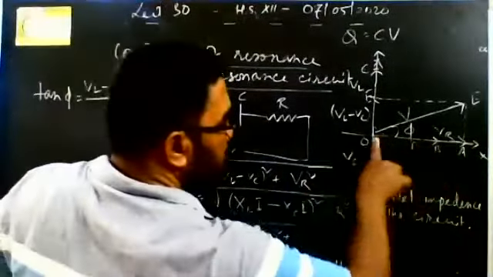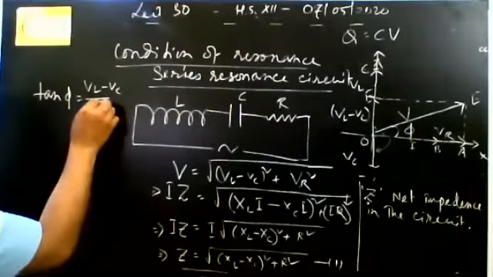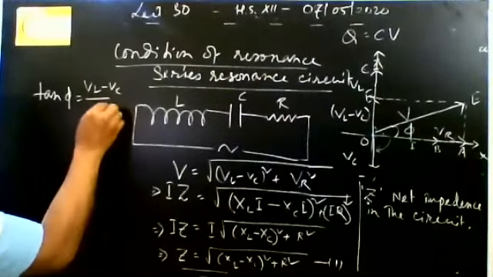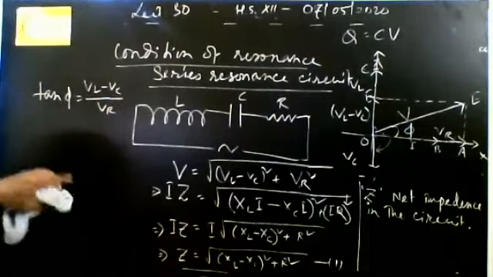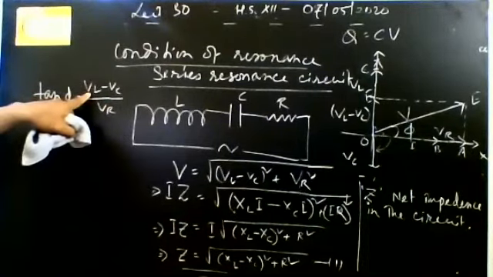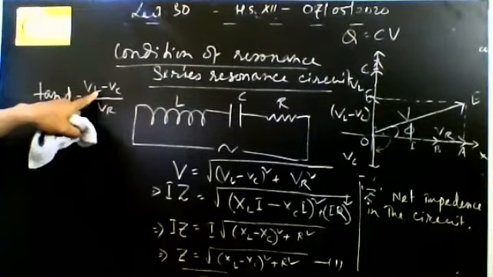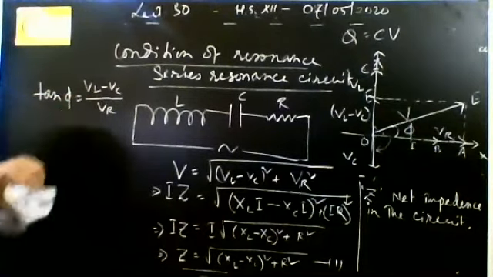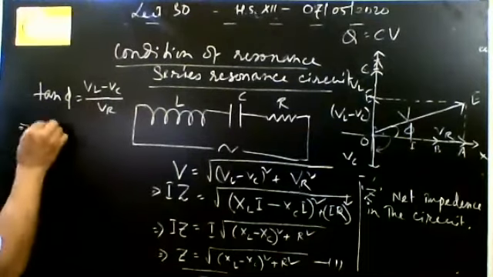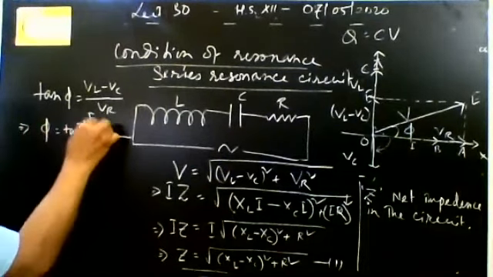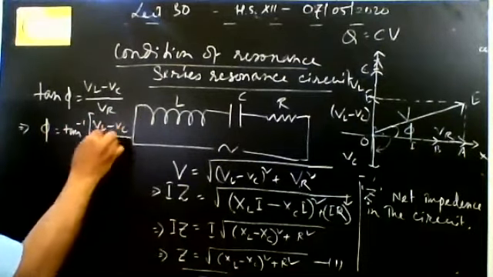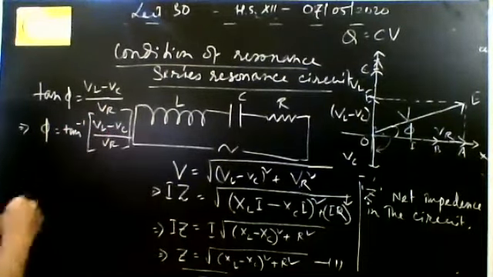Base is this, VR. So VR is the base. Okay. So as I discussed, when VL is greater than VC, then this phi will be positive. So phi is tan inverse of VL minus VC by VR.